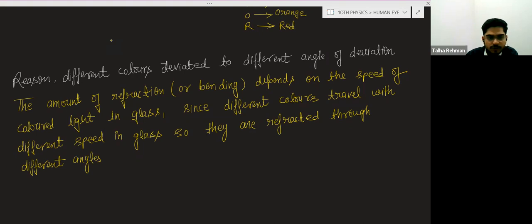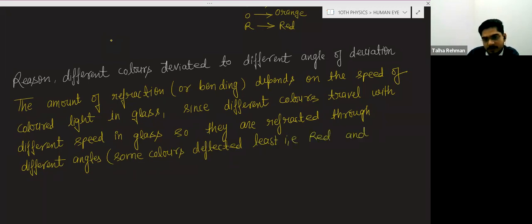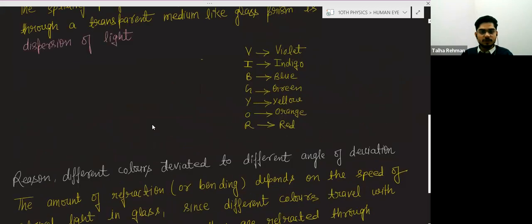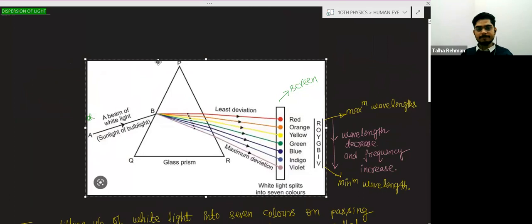So some colors are deflected least, that is red, and some colors are deflected maximum, that is violet. So this is the reason. Red color is least deviated, violet color is the most. Try to draw this.